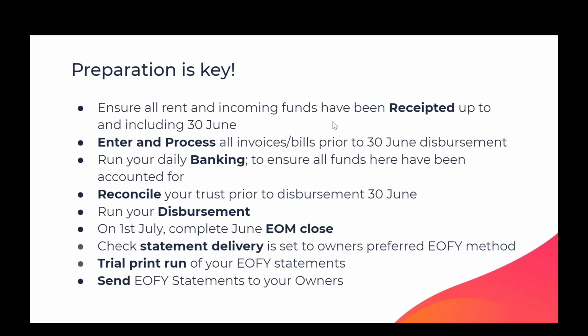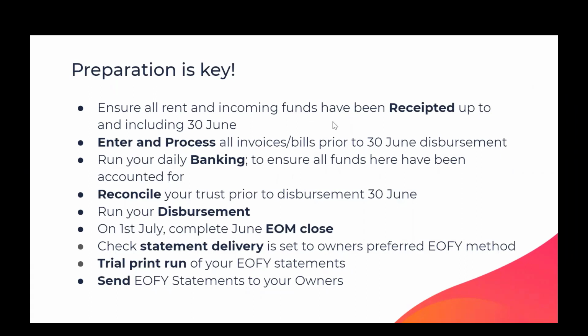Ensure that you've entered and processed all your invoices and bills as well prior to the 30th of June disbursement. Now, this is an important one as well. If you do have bills coming up that you know you want to be included for this financial year, you want to make sure you've processed them all on the 30th of June to have them included for that financial year.